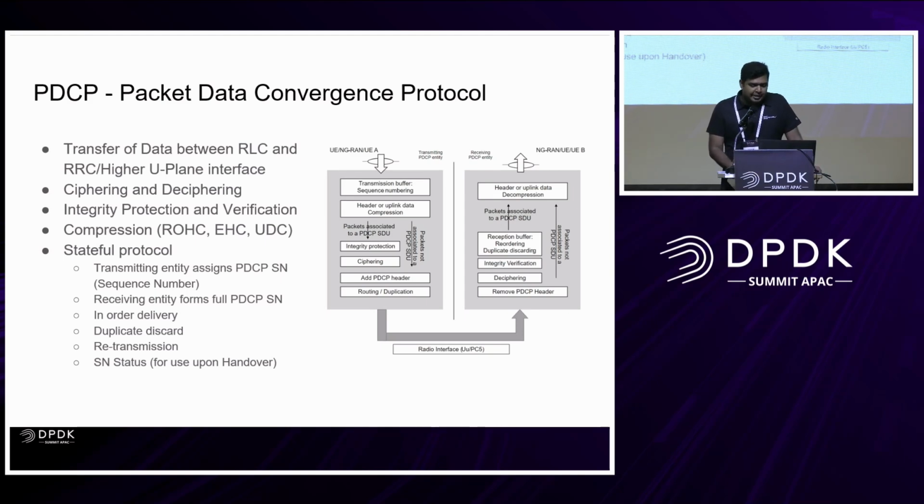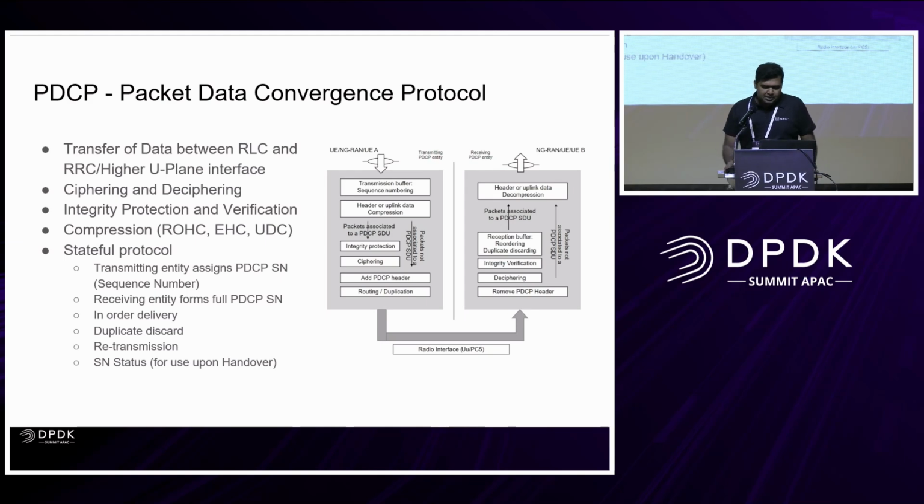Unlike protocols like IPsec, a PDCP entity can communicate with another PDCP entity. The PDCP entity at the transmitting side can communicate with the PDCP entity at the receiving side by making use of something known as control PDUs. These are PDCP packets that are generated by the PDCP layer and consumed at the PDCP layer, and they won't be going to the core network, or these packets are not coming because of an action from the upper layer.